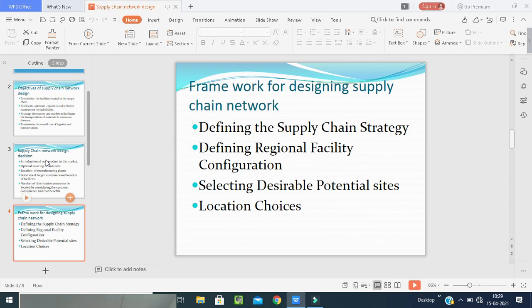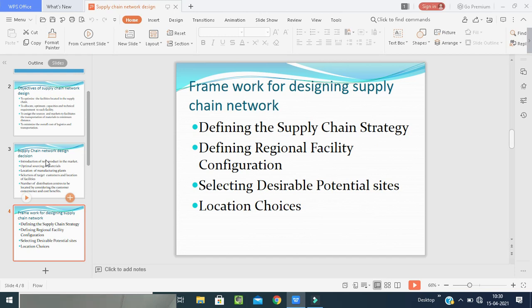Next, the location choice will be there. In this phase, the supply chain manager needs to identify the exact location and allocation of capability or capacity to each facility.